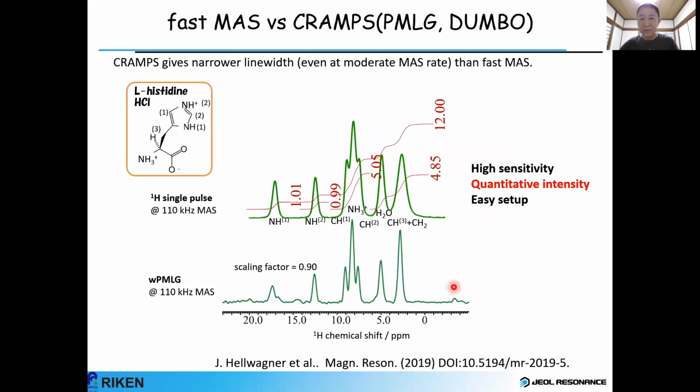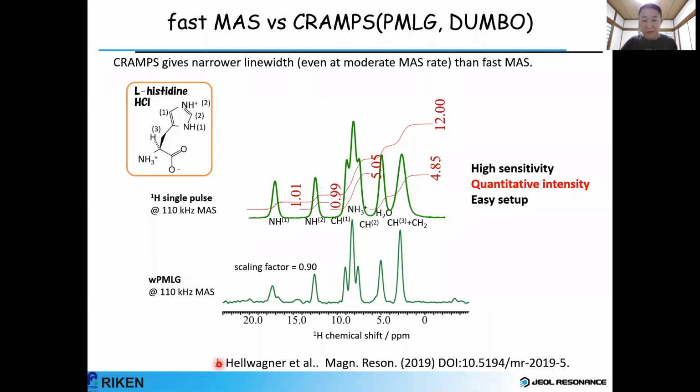This, we already discussed, is a comparison between the single pulse experiment and the Windowed PMLG experiment. We can obtain a high resolution, high sensitivity spectrum at fast MAS, and we can count the number of spins by the signal intensity, and the setup is easy. Actually, Windowed PMLG suffers from many experimental setup issues.